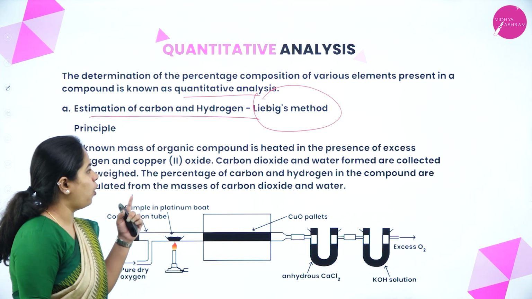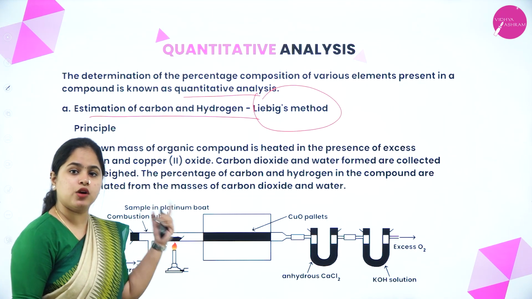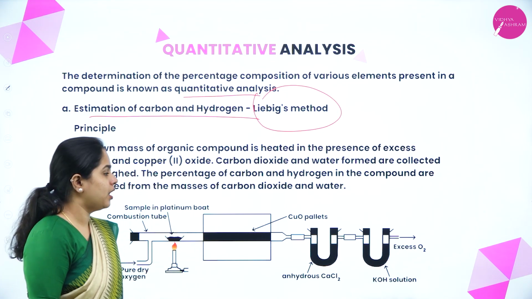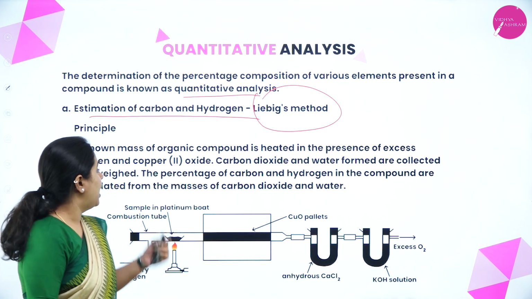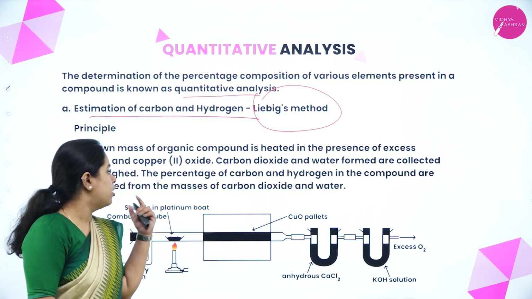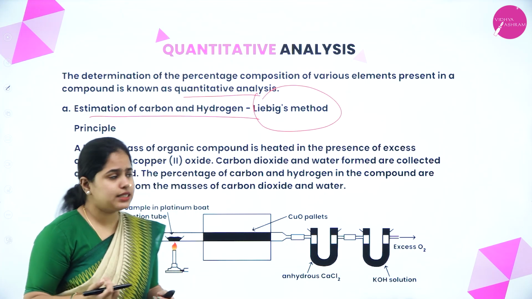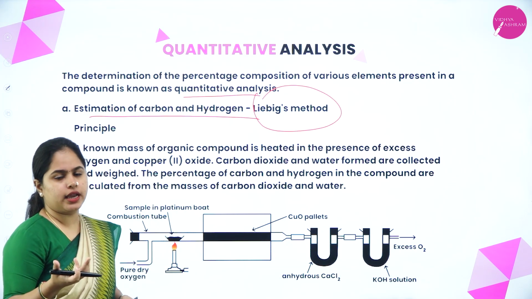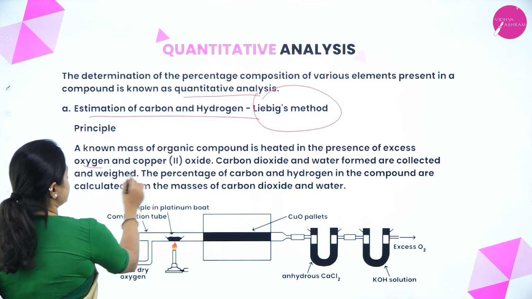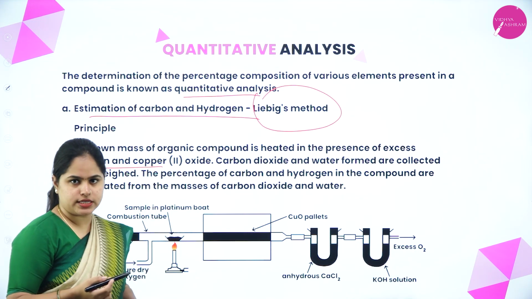A known mass of organic compound is heated in the presence of excess oxygen and copper oxide. The carbon dioxide and water formed are collected and weighed. The percentage of carbon and hydrogen in the compound are calculated from the masses of carbon dioxide and water. So that means we take a known mass of organic compound and it is heated in the presence of pure oxygen and copper oxide, right?